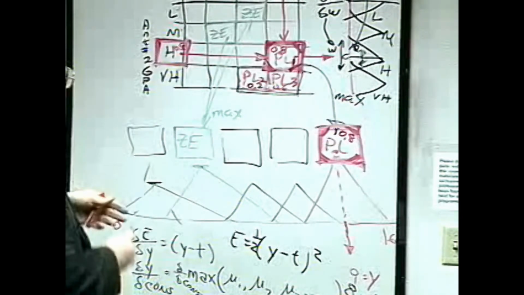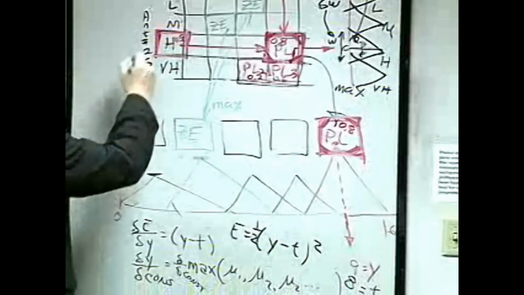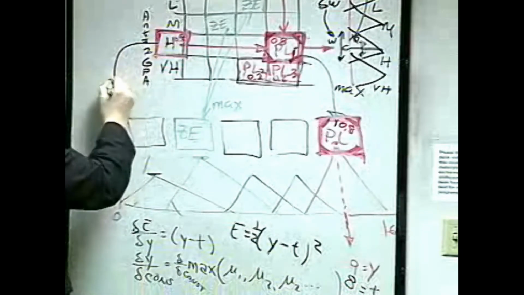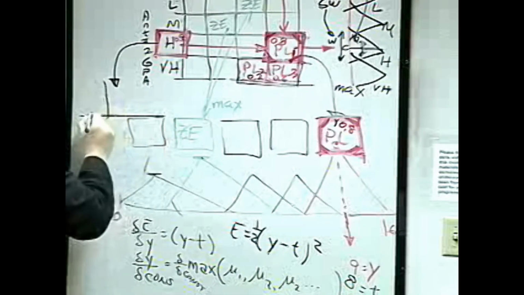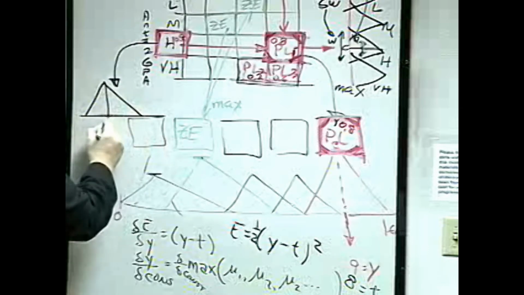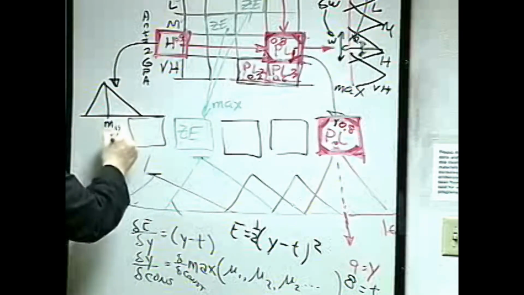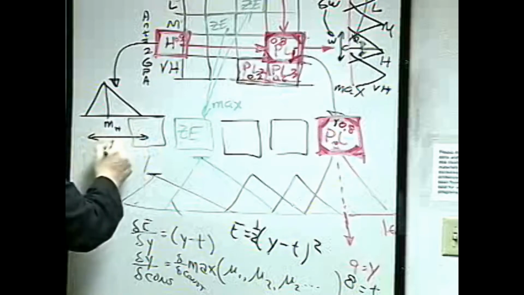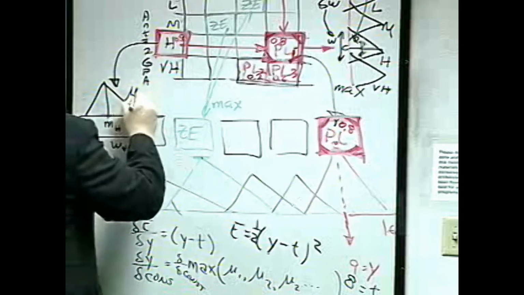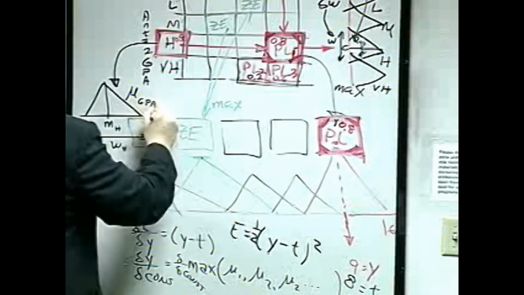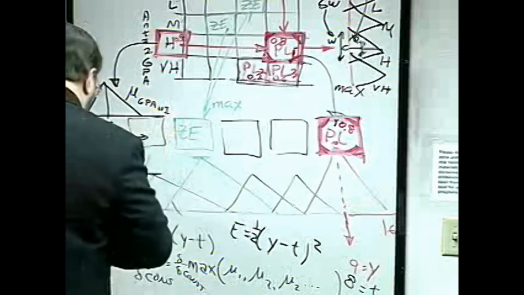Well, now what do we have to do? Well, this high actually corresponds to a membership function. And it has a mean with a high and a width with respect to a high. Right? This is the membership function for GPA high. Well, there's a way that we can write that.